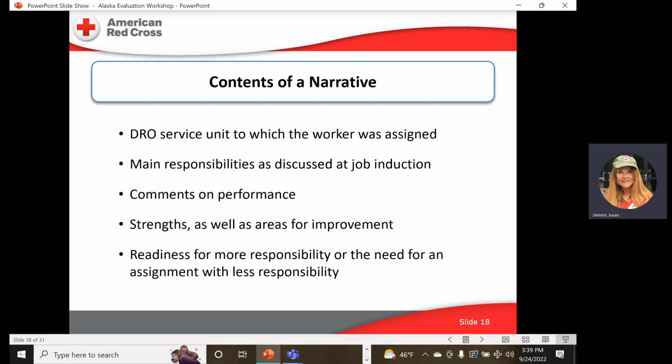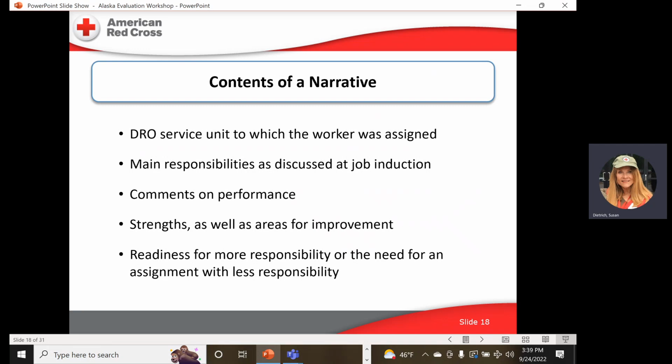So let's talk about the written narrative. You want to have a DRO service unit. Talk about that. You want to talk about the main responsibilities, and these are the same responsibilities that you discussed when the worker first came in. You're going to comment on their performance, talk a lot about their strengths, and mention areas for improvement.